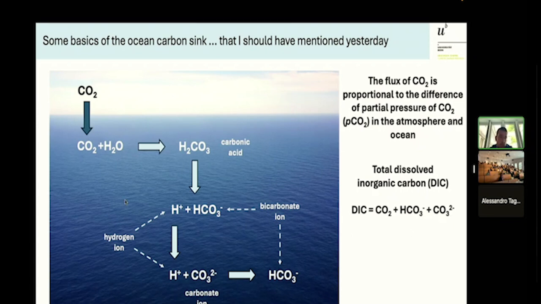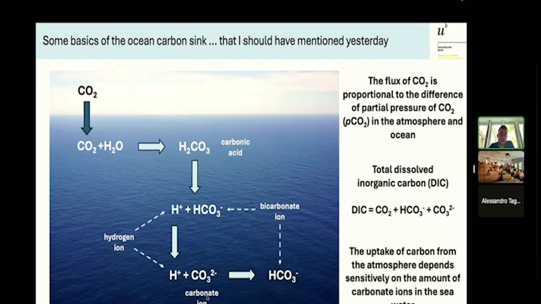So the more the ocean can transfer CO2 to these other compartments, the more CO2 can be taken up afterwards by the ocean, because once it's no longer CO2, the partial pressure decreases, and more CO2 can come back into the ocean from the atmosphere. So this cycle and the different equilibria between these equations are really crucial for the ocean carbon uptake.